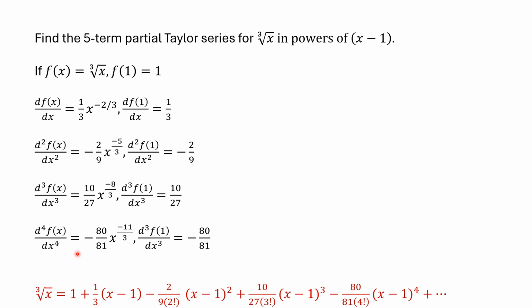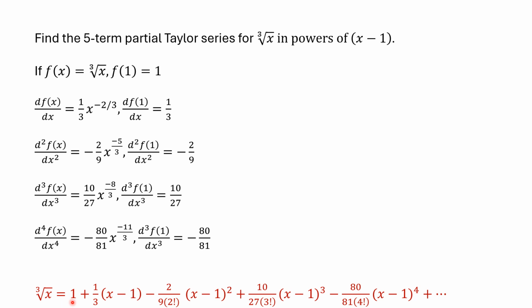And the fourth derivative would be negative 8 times 10, negative 80, over 27 times 3, 81, x to the negative 11/3. And so we evaluate at 1, we get negative 80 over 81. And now we would plug these things in.